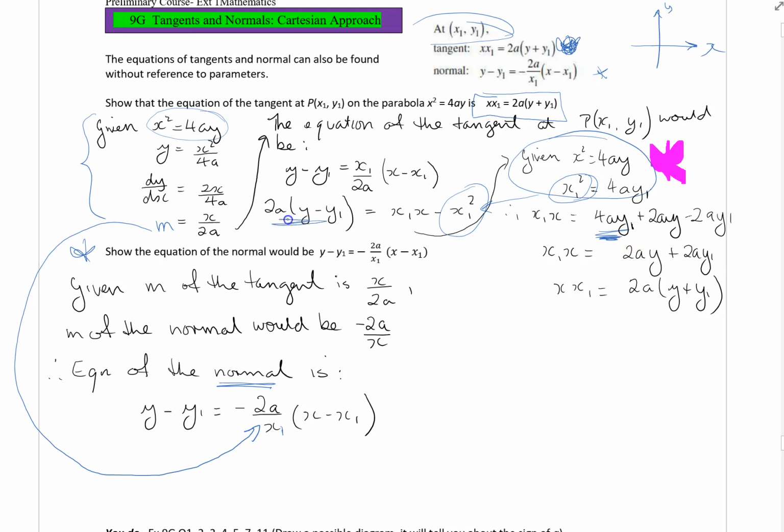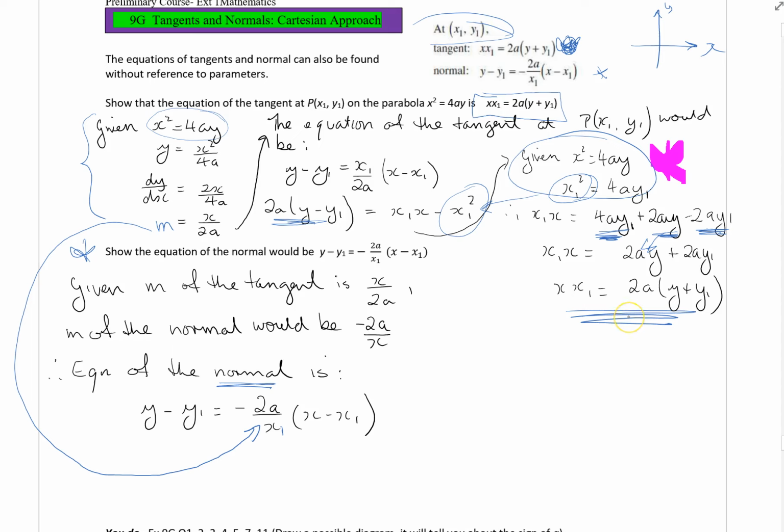I had a 2ay, minus 2ay1. So x1 x equals 4ay1 minus 2ay1, which will leave me with 2ay1, and I've got 2ay. Take the 2a out of both those and you finally get your y plus y1.